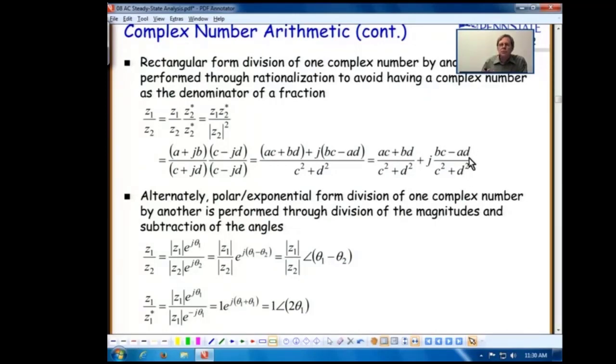Of course, it's much, much easier to deal with this if you're working in polar or exponential form, because when you divide numbers, you divide magnitudes and you subtract angles. So in exponential form, this is equivalent to the magnitude of z1 divided by magnitude of z2, and we subtract the angles, theta 1 minus theta 2.